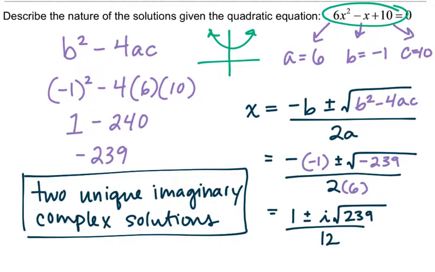So I hope that helps. This is really just an analytical definition type concept. The main idea here is when you're using the quadratic formula, if you recognize that you have a negative under the radical, you automatically know you're going to get two complex or imaginary solutions.